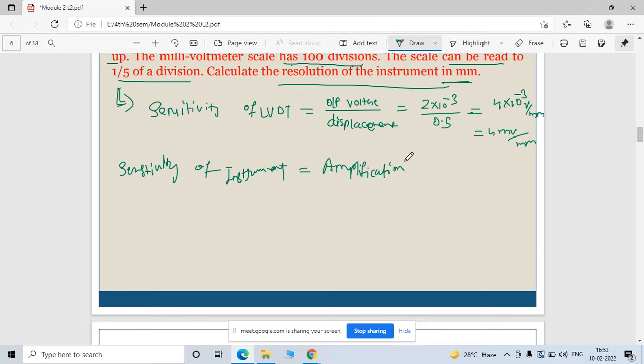Amplification factor is given to you. Use that amplification factor to find out the sensitivity of the instrument. Simply, you need to multiply this multiplication factor with the sensitivity of your LVDT. Okay, so by multiplying this, you get the whole instrument sensitivity.